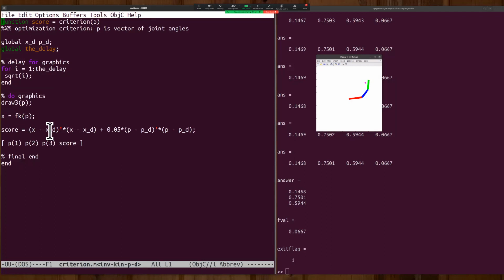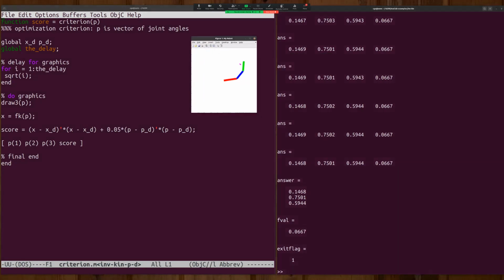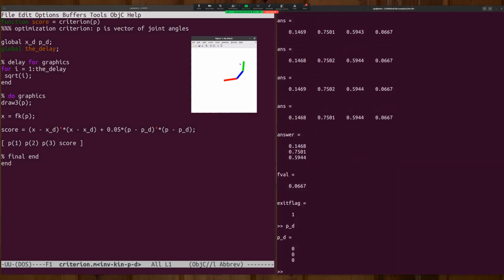And the way I did that, I'm still squaring the distance from the tip to the pink thing, but then I have some weight times basically the sum. This ends up being the sum of the squares of all the joint angles with respect to some desired joint angle. And the desired joint angle, I believe, is just 0. So it's the sum of the squares of the joint angles.